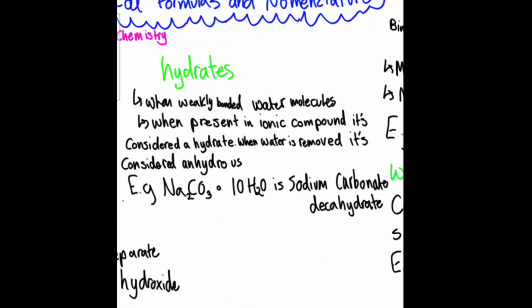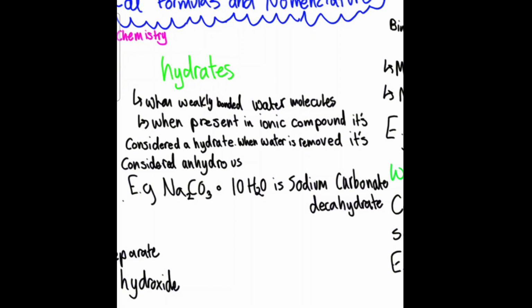Okay, hydrates. We're going to get on to hydrates. What is a hydrate? It's when weakly bonded water molecules are present in an ionic compound. It's considered a hydrate. When water is removed, it's called an anhydrous substance, or anhydrous solution. It's solution, not substance.